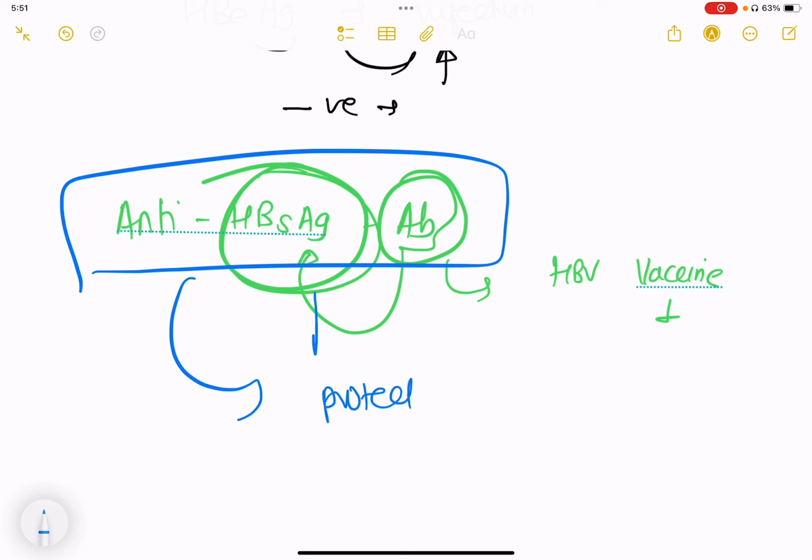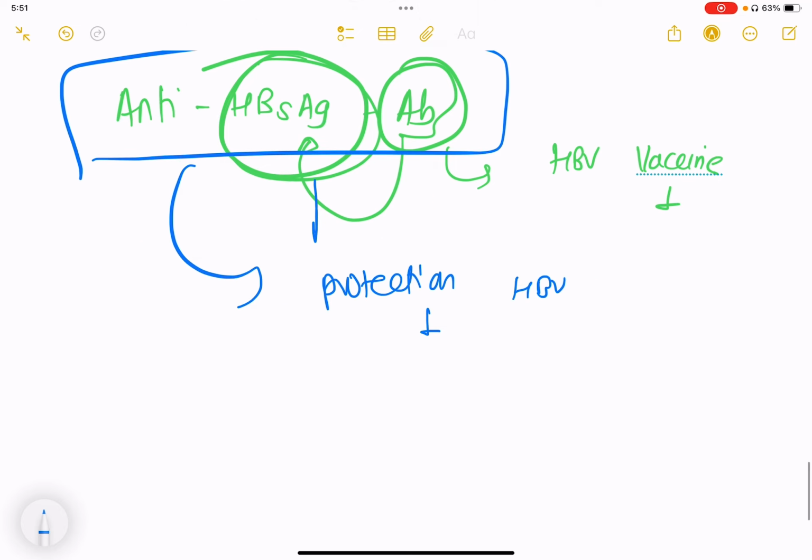This gives protection against hepatitis B. So it simply means, in absence of hepatitis B surface antigen, hepatitis B E antigen, and anti-HBc antibody, only the presence of anti-HBs antibody tells that the patient has received the hepatitis B vaccine and now has immunity against hepatitis B virus.